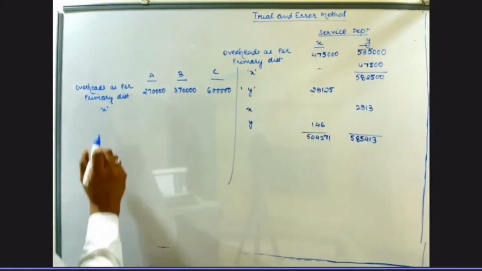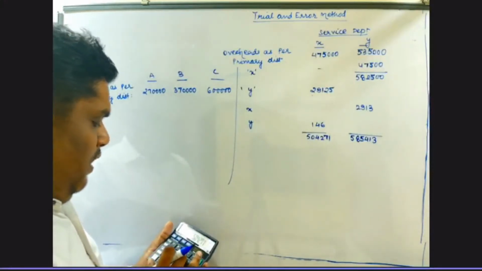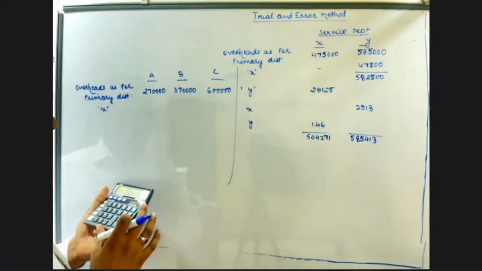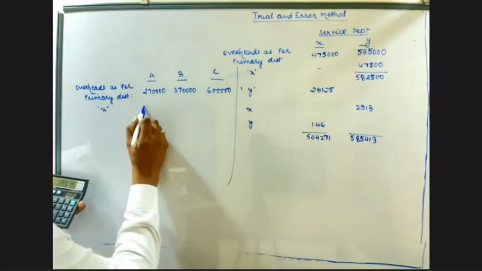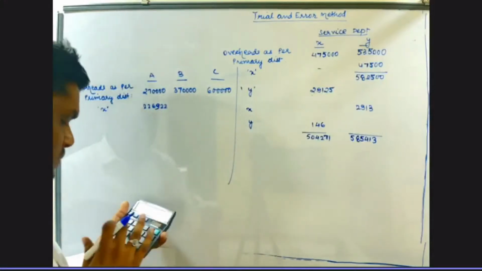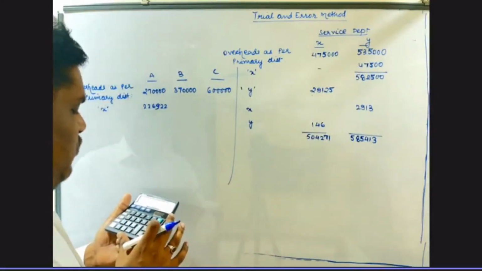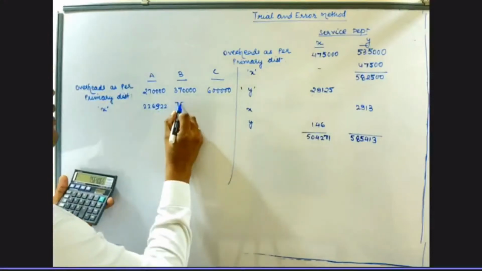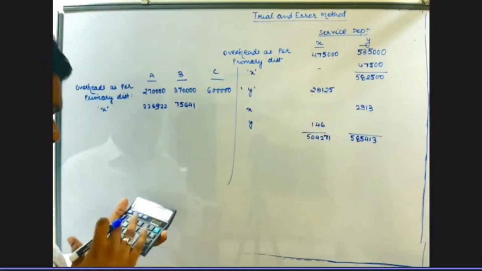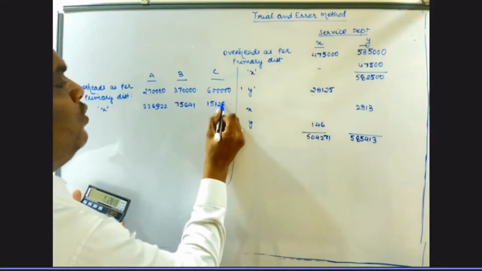So let's distribute X first. 504,271. Now 45% goes to A, so 226,922. And 30% goes to B, that is 151,281.